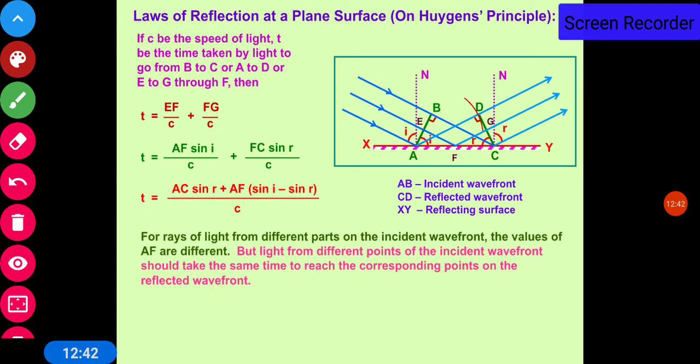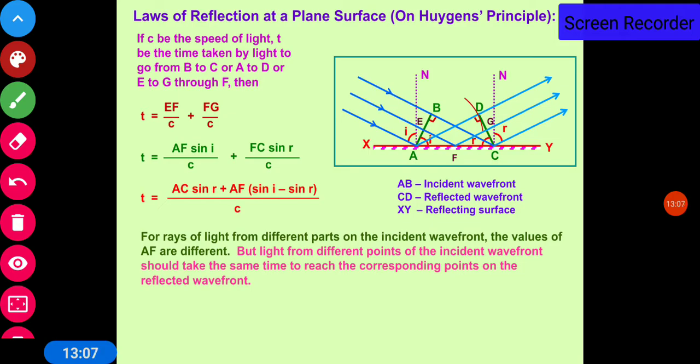Now for rays of light from different parts of the incident wavefront, the values of AF are different.